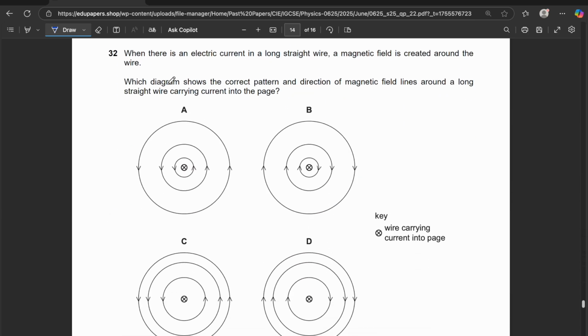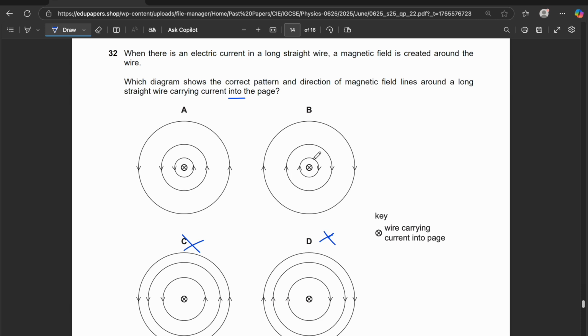32. When there is an electric current in a long straight wire, a magnetic field is created around the wire. Which diagram shows a correct pattern and the direction of magnetic field lines around the long straight wire carrying current into the page? First we can cancel out C and D because the field lines will be closest to the wire, because the field is strongest there, and then as the distance increases it will become weaker.